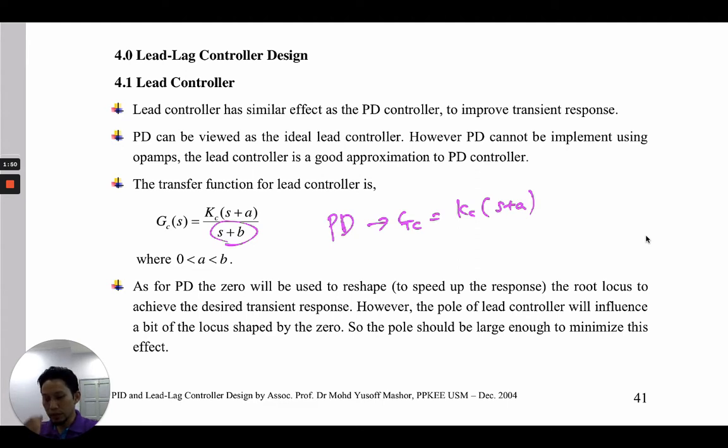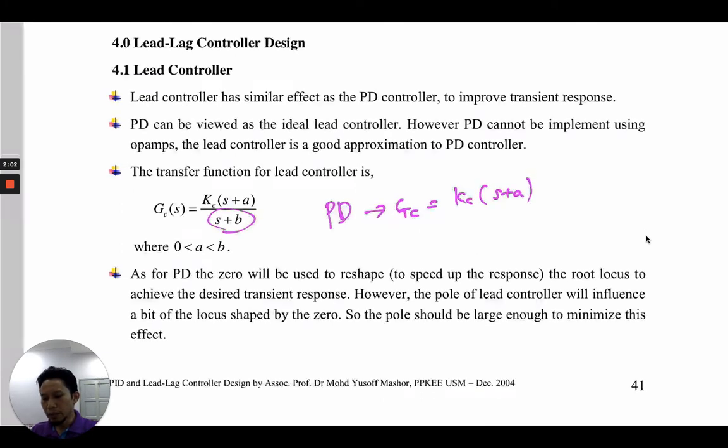The value of a is greater than 0 but less than b. For the PD controller, the zero will be used to reshape the root locus to speed up the response, to achieve the desired transient response.